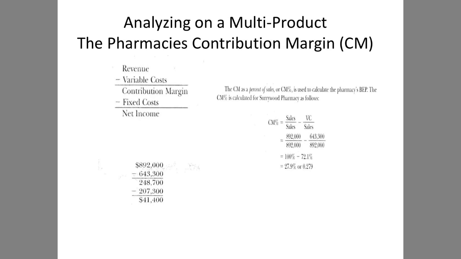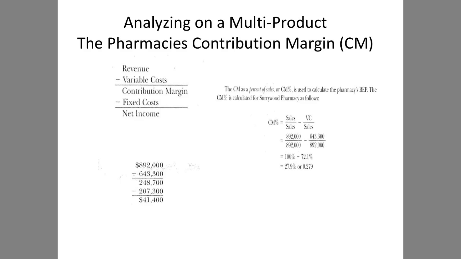When you're analyzing multiple products, you're going to look at the contribution margin. What is the contribution margin? The contribution margin is a percent of sales used to calculate the pharmacy's break-even point.